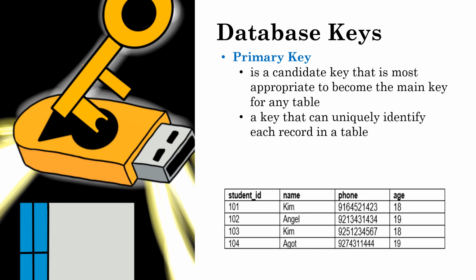How about the primary key? Primary key is a candidate key that is most appropriate to become the main key for any table. It is a key that can uniquely identify each record in the table. So for the table students, we can make the student ID column our primary key.